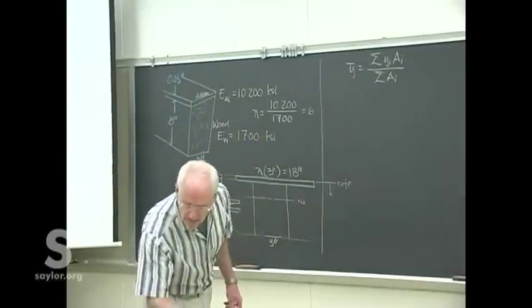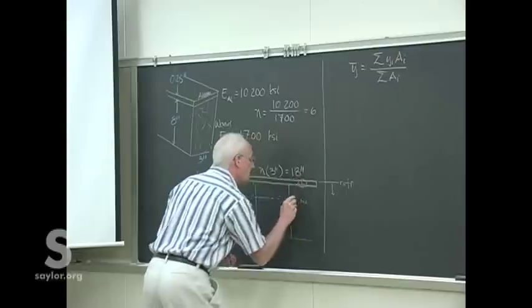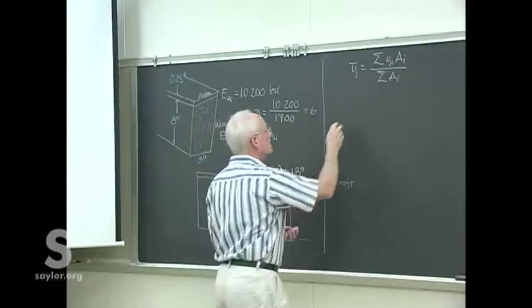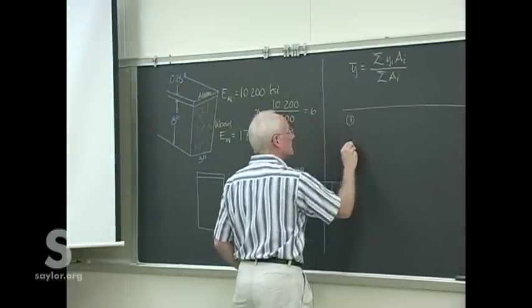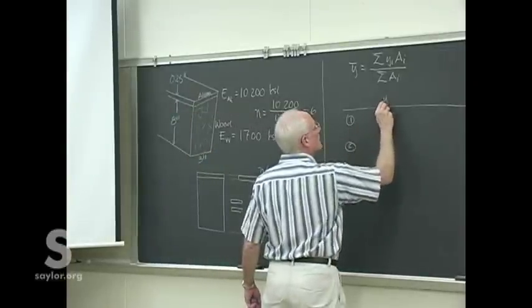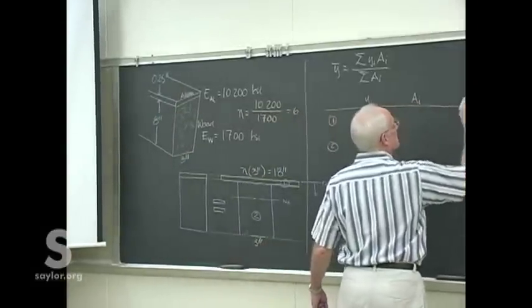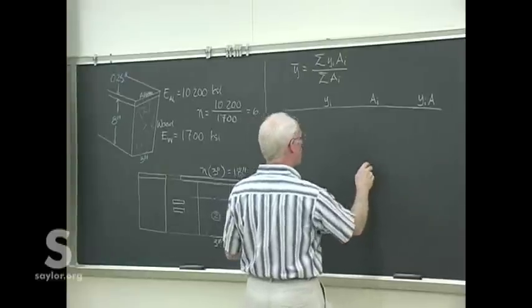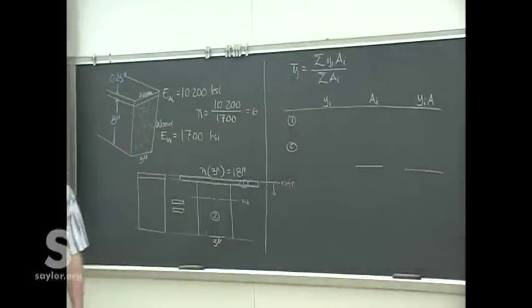So let me keep my numbers straight. I'll call that piece 1, this piece 2, and we can do like we have before. Figure out where Y is, what the area is, and then the product of the two, and sum the area and sum that product.